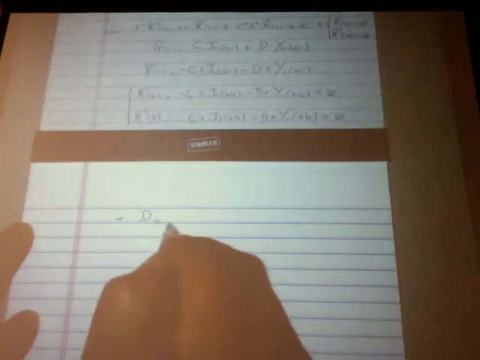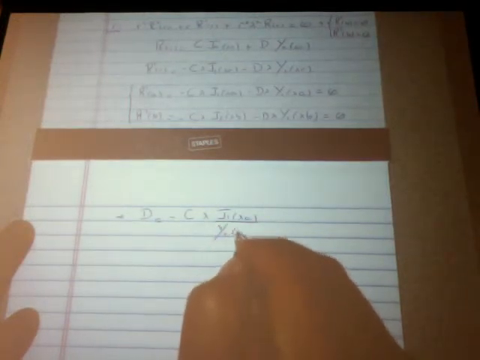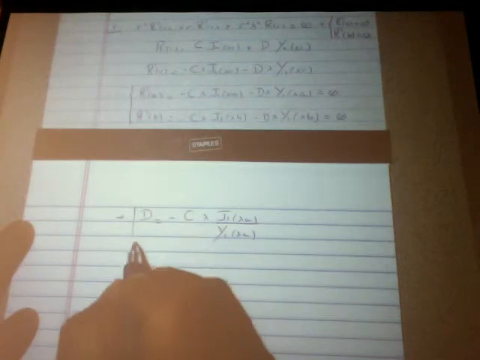So from one of these equations we can say, for example, from the first equation, that D is equal to minus C times J1 of lambda a divided by Y1 of lambda a. So this helps us put one constant in terms of another.